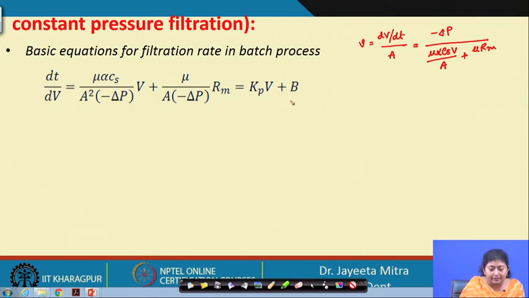And this we have further simplified in the form of Kp into V plus B.